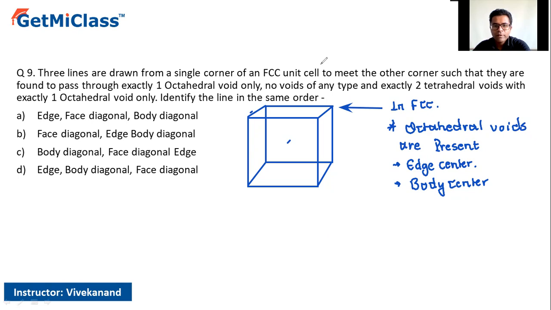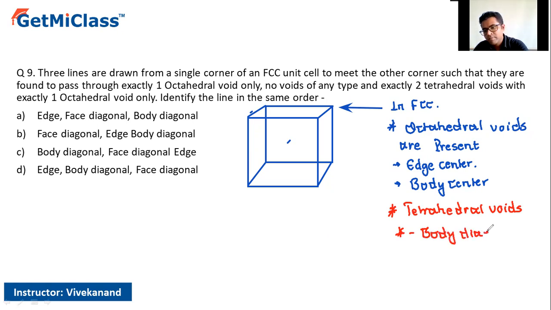Now, when we observe the next one, that is for tetrahedral voids, what we observe is the presence of these particular voids on the body diagonal. So it is present along the body diagonal.